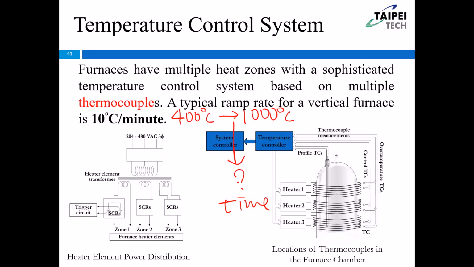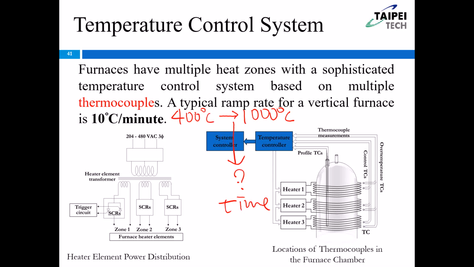because usually if we don't do the oxidation, the whole chamber, the whole quartz tube will maintain around 400 degrees Celsius. Standby is the standby temperature. This is the standby temperature for the furnace, okay? And 1000 degrees Celsius is the temperature when you do the oxidation, okay? So you can calculate by yourself, if you want to increase by 600 degrees Celsius, how much time you need to wait until the temperature is 1000 degrees Celsius.